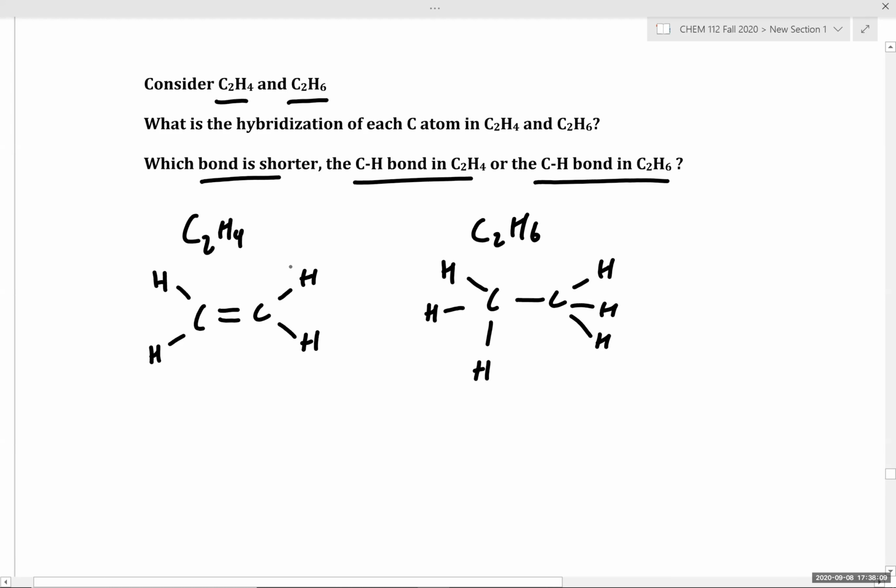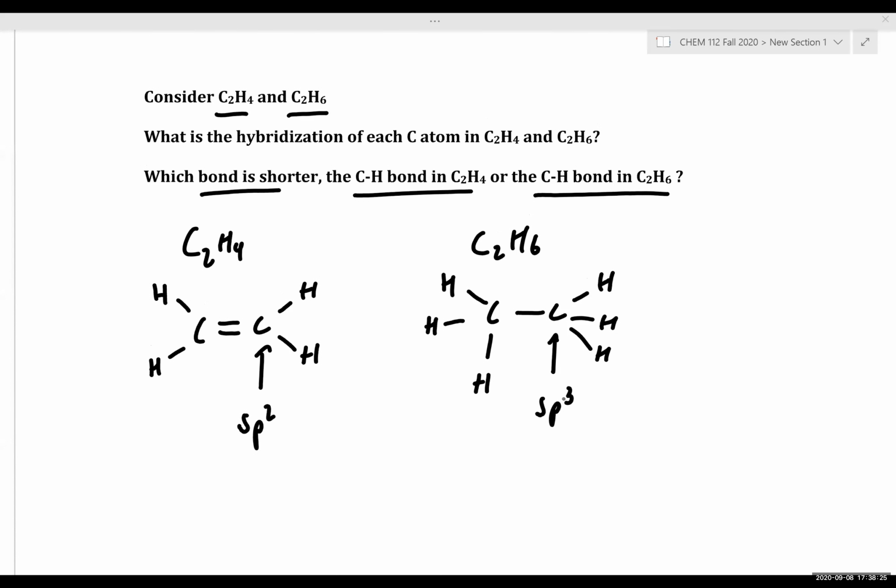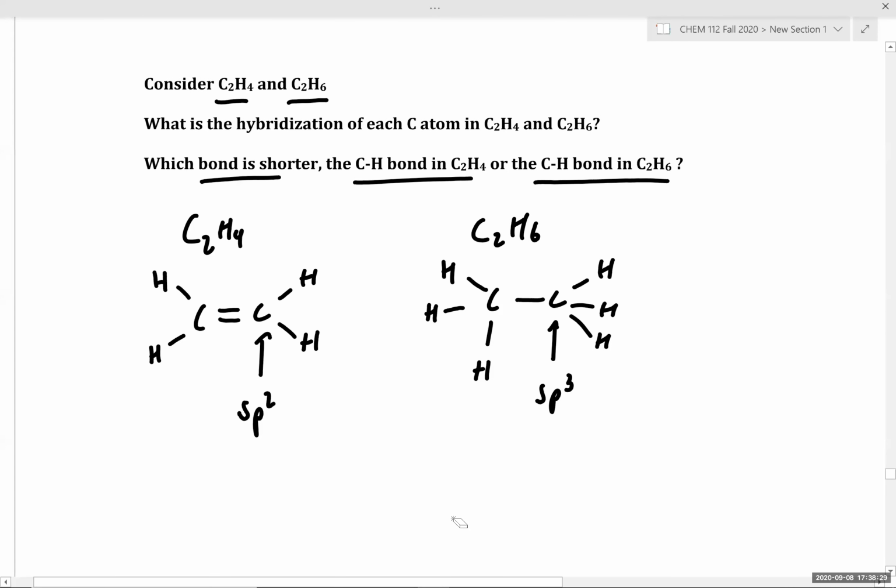But if we look at the carbon-hydrogen bond, then we need to consider the hybridization for each of our carbons. In C2H4, we have an sp2 carbon. In C2H6, we have an sp3 carbon. In general, bonds involving sp2 orbitals are shorter and stronger.